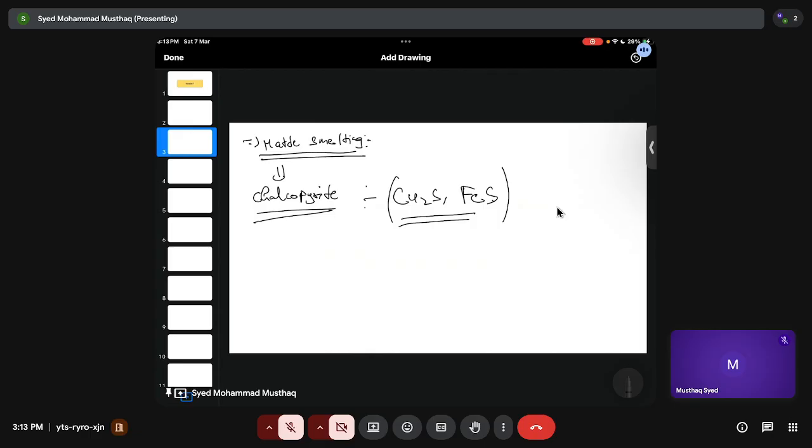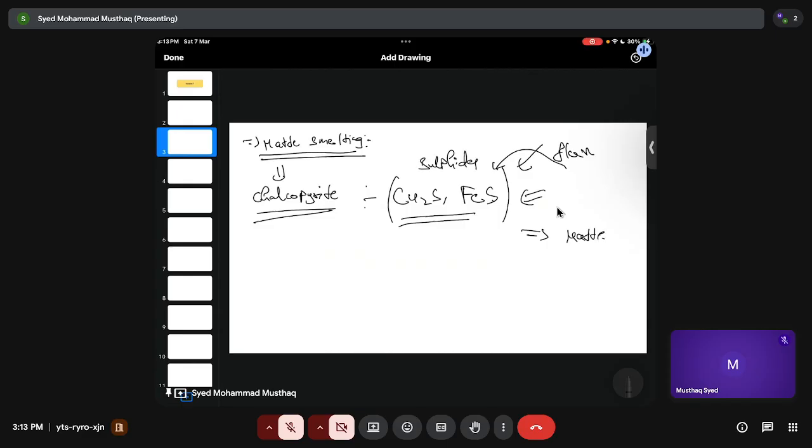Now, when you do the melting of this sulfide ore, and then you add some flux to it, the flux will react with impurities, and then it will form your matte. These are sulfides, okay?